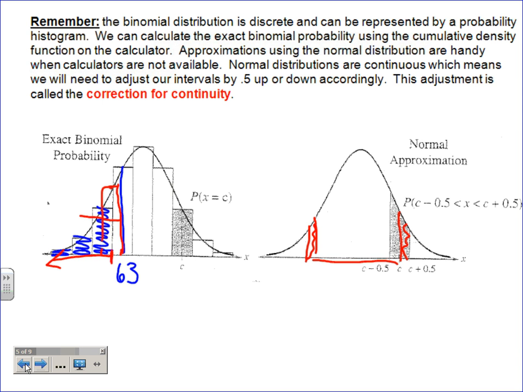It goes back to the midpoint approximation theorem that we did in calculus. So 63 is actually right here. So I don't want this half of this, and here's actually where 62 is. Okay, so if this is where 62 is, because that's the next midpoint over, what's that? 62 and a half. And that's basically what we're going to do here.